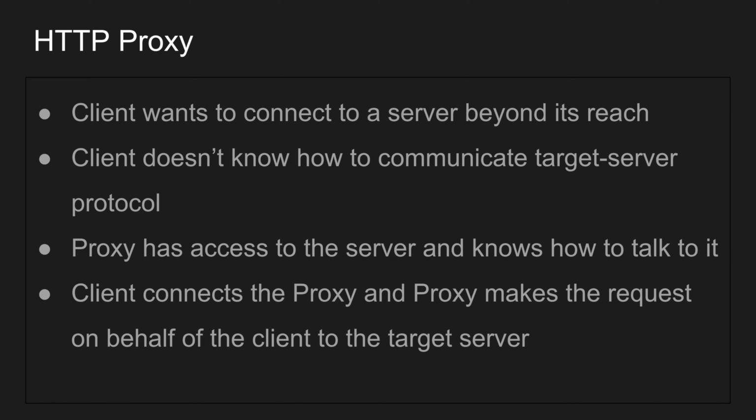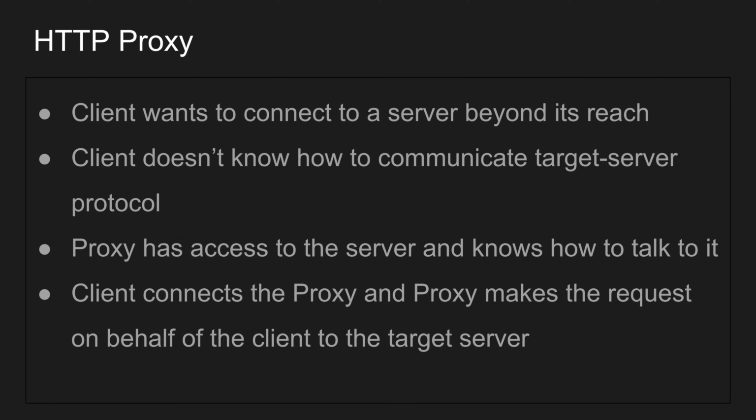Another advantage, as we see in microservices architecture and service mesh, is when a client doesn't know how to talk to the target server. It uses a protocol that it just doesn't understand, or it's not willing to install the necessary networking library.